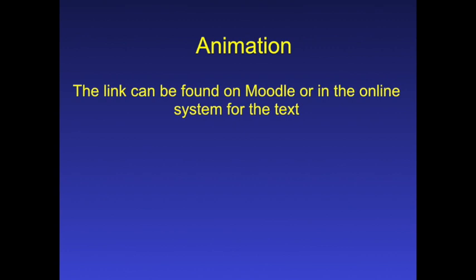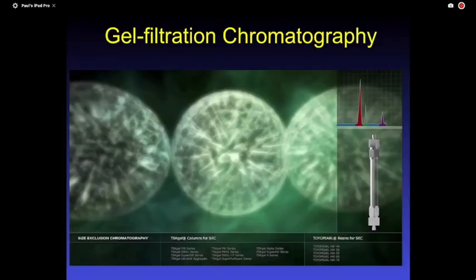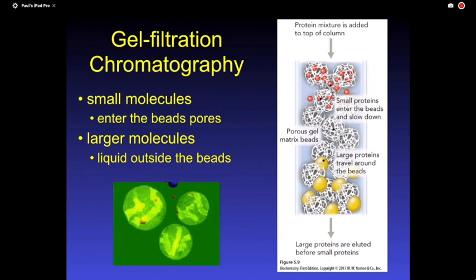And so it's a pretty powerful way that you can do this. Okay? In this case, you can see things might have to fall through all of the holes while the big ones fall around. And essentially the big ones fall through a smaller volume of space.